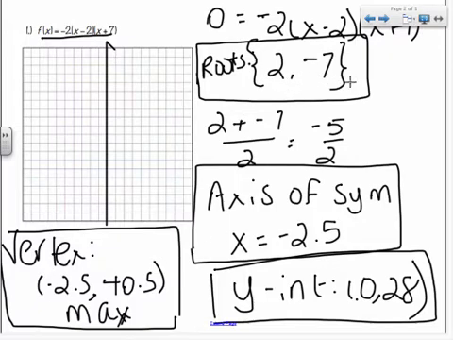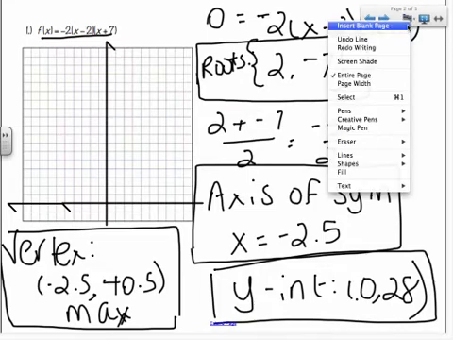So I need anywhere between 0 and positive 40.5. So I'm going to make it so that my x-axis is really down here because I'm not as concerned about the lower half of my quadrant, so I'm not worried about negative y's. So then all I have to do is set up my graph so that it works for me.